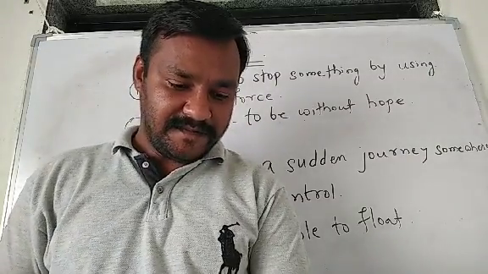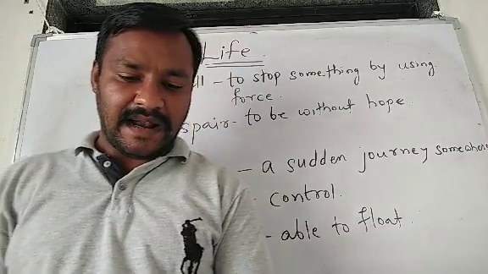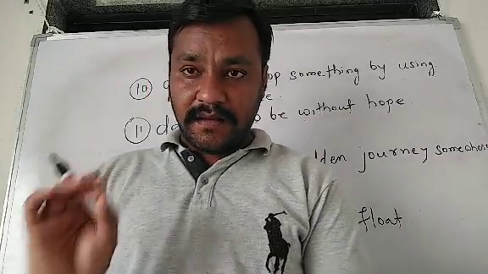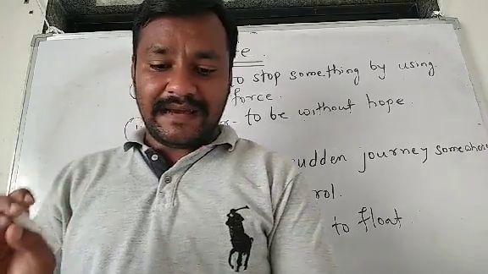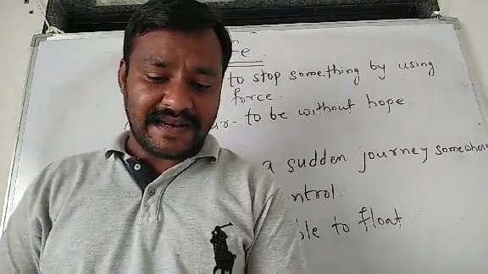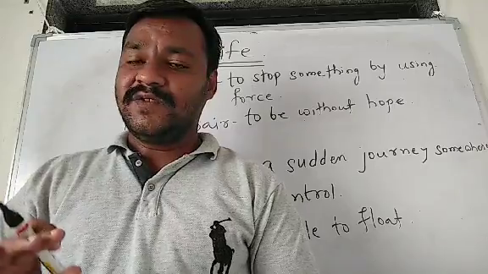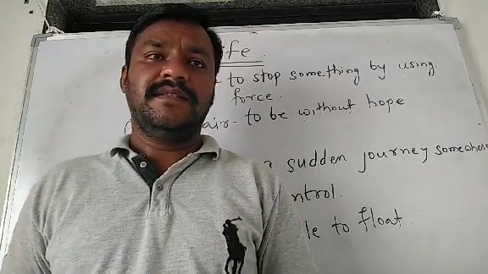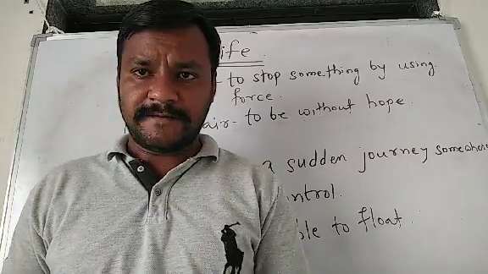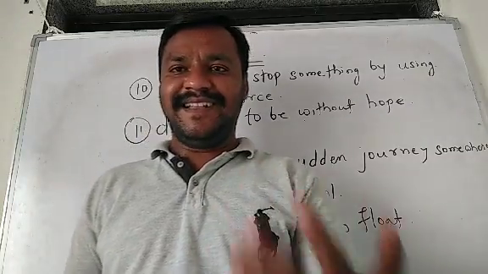So next lines. Sometimes there are clouds of gloom. Gloom, difficult situation, I have given. Sometimes there are clouds of gloom, but these are transient all. So clouds of gloom means what? Sometimes in life there may be difficult situations, again and again.